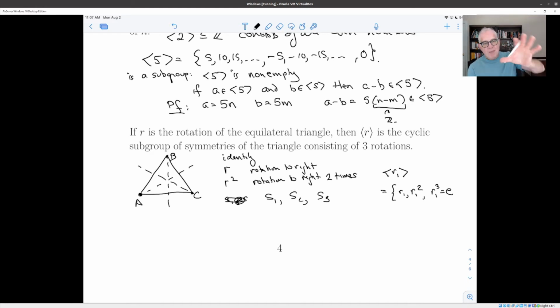And also, if you go backwards, R inverse is R squared, and R to the minus 2 is R, because as always, R cubed is the identity. So if you rotate backwards, that's the same as rotating forward twice. So the cyclic subgroup generated by the rotation has 3 elements in it, and so it's a subgroup.